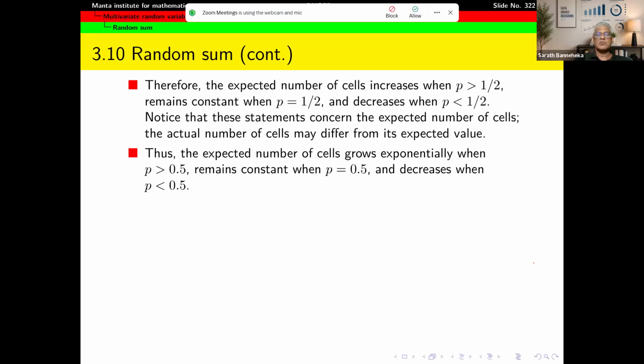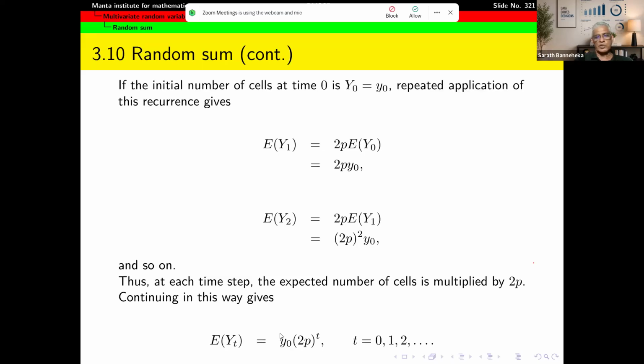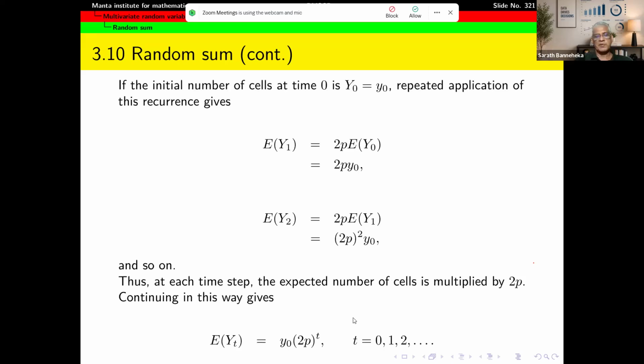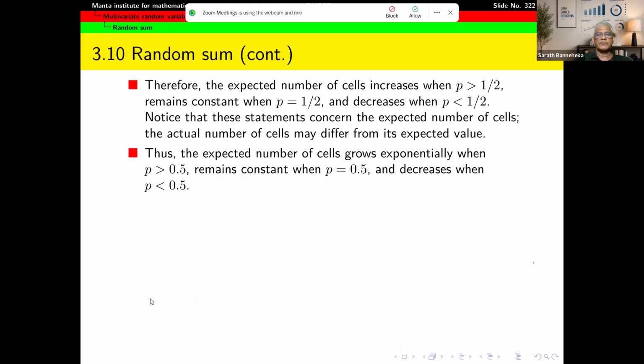Notice that these statements concern the expected number of cells. The actual number of cells may differ from its expected value. So we are getting the expected value here, not the actual number. The expected number will be increasing or decreasing. Of course, most practically, p will be a number greater than 0.5, usually in a cancer situation, so the expected number of cancer cells will be increasing.